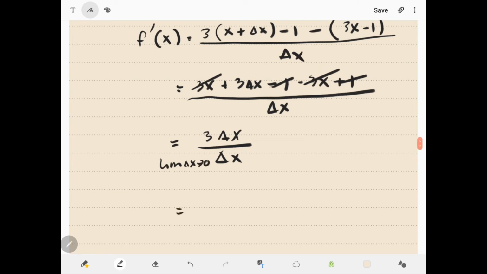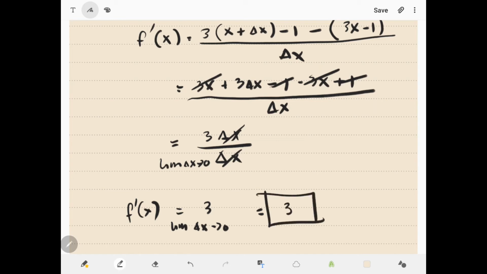So this will cancel out. So what we have left here is 3. Limit delta x approaches 0, but since we don't have delta x here, the function is equal to 3. So this is now the final answer.